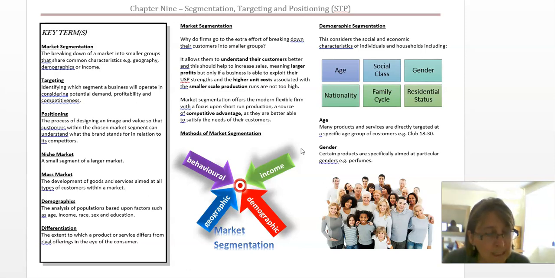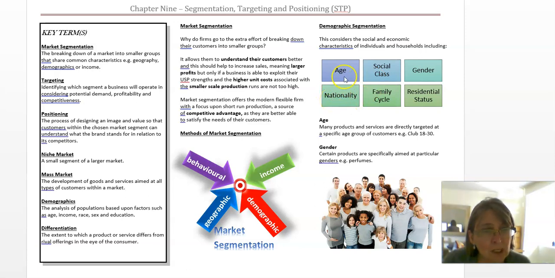What we're looking at is the concept that the population is made up of many different groups, and you could cut them through in different ways. You could separate them out by different age groups or different genders or different nationalities.